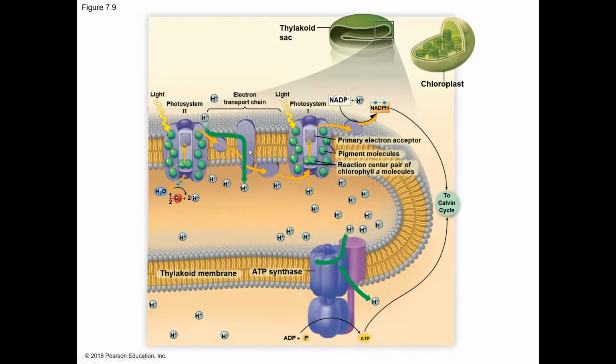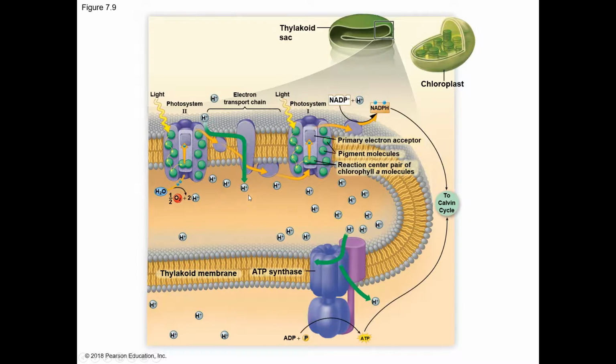It's called the cytochrome complex, actually a big giant protein with a bunch of stuff in it. But basically what it's doing is it's active transport. It's pumping hydrogen ions into the lumen. And they don't want to go into the lumen because the concentration in the lumen is already high. So we have to use some energy to push these hydrogen ions into the lumen to build that concentration gradient.